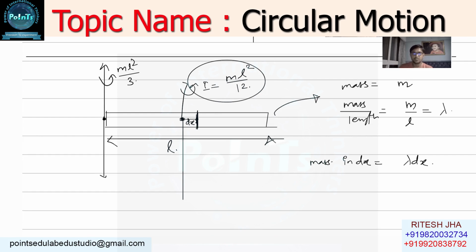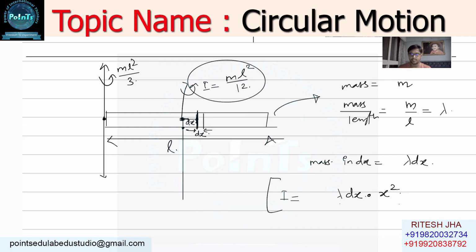The moment of inertia for that small mass is lambda dx times x squared, where x is the distance we are considering.